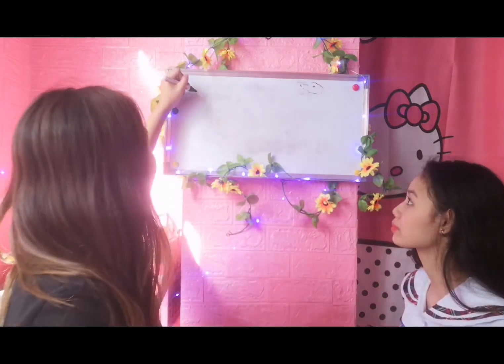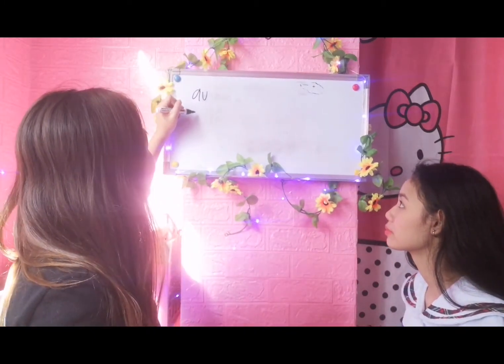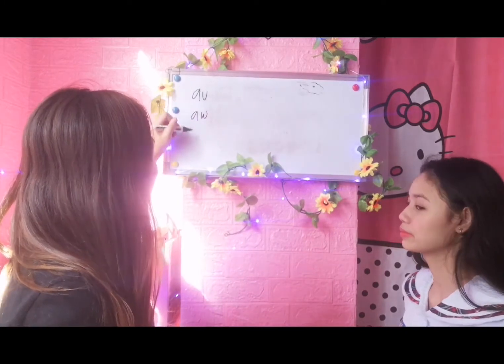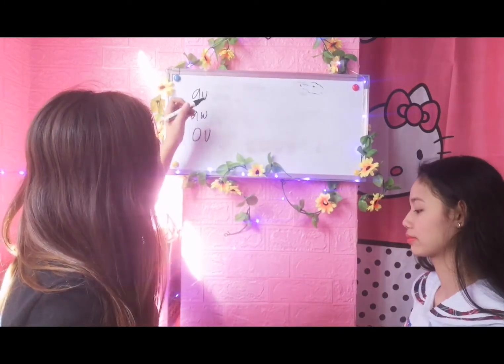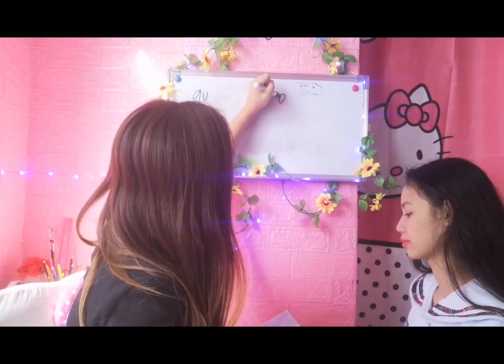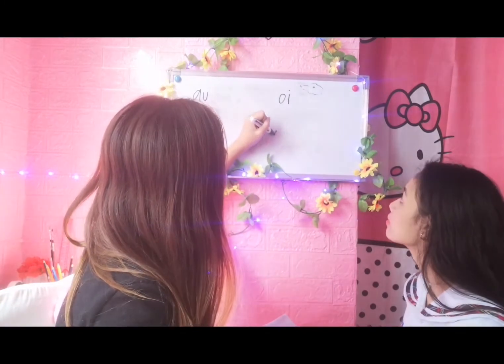Okay, so now for rule number 9, when AU, AW, OU, OI, and OY are found together, they usually blend to form a diphthong. For example, AU, AW, OU, OI, and OY.